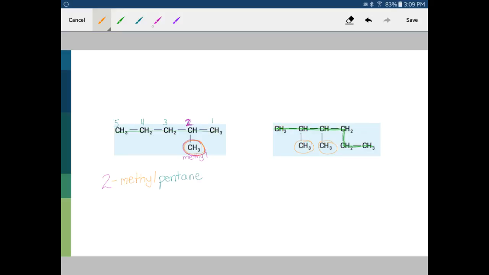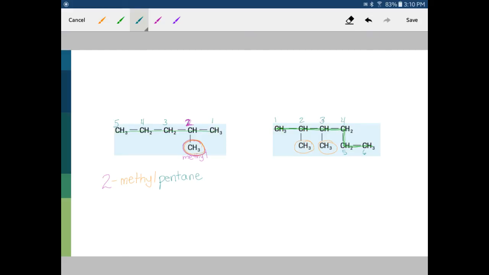So when I number this, I'm going to number with the edge of my carbon having the lowest coefficient. If I write this down from left to right, I get 1, 2, 3, 4, 5, and 6. If I was to number it from my other direction, I would have 1, 2, 3, 4, and 5. If I compare those values, I want my branches to have the lowest numbers.